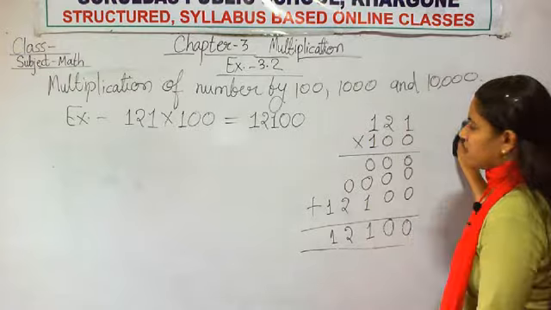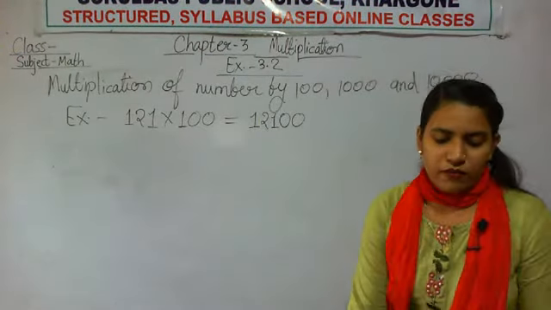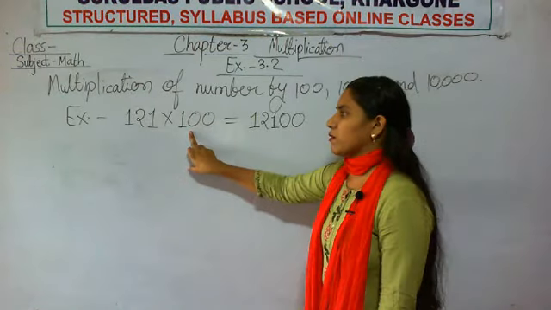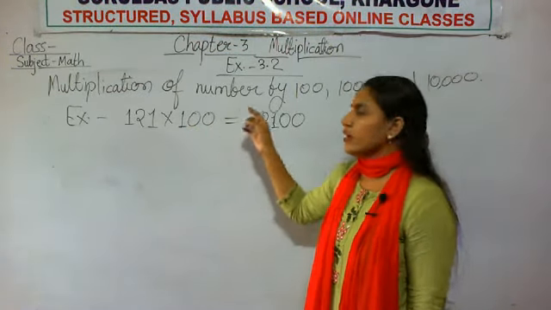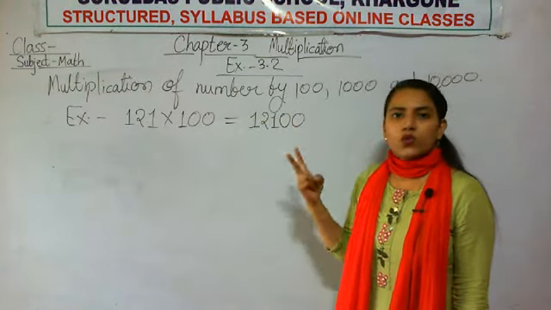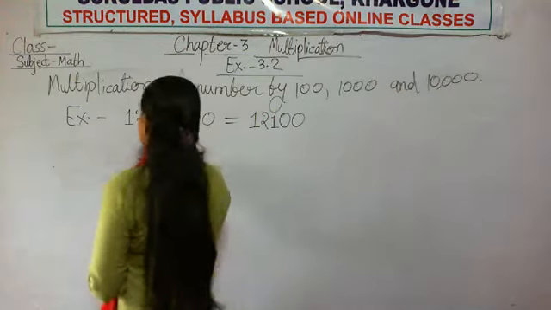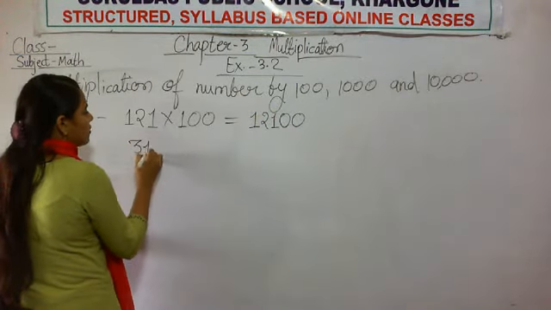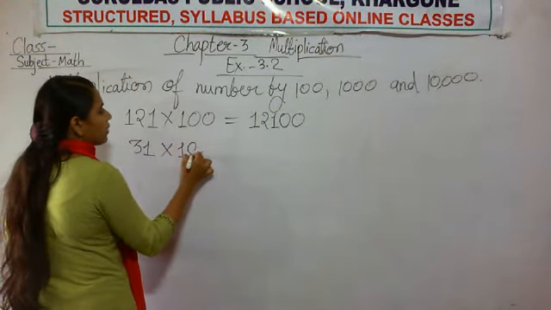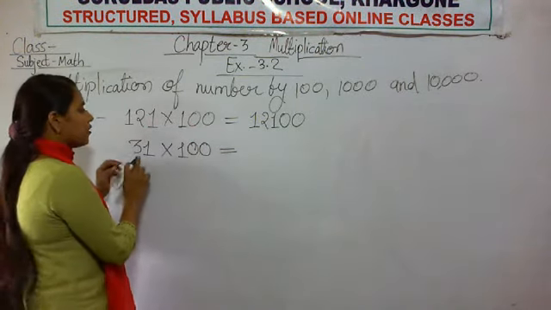To avoid this large multiplication, what is the trick? The trick is whenever you want to multiply any given number by 100, you will write the number and insert two zeros. Let's take one more example. If your number is 31 and you want to multiply it by 100, what will be your answer?